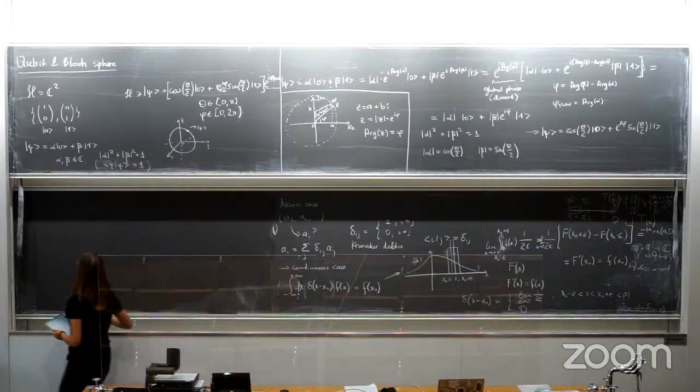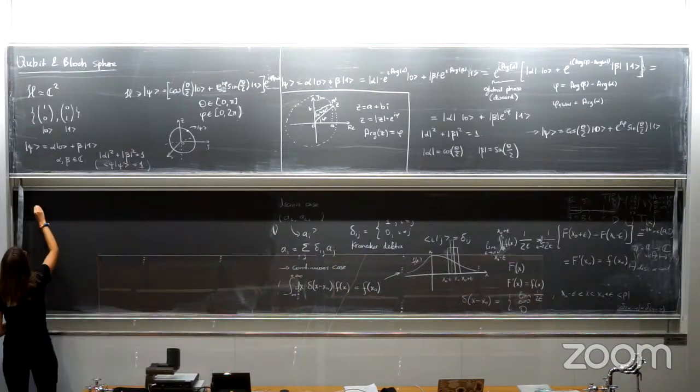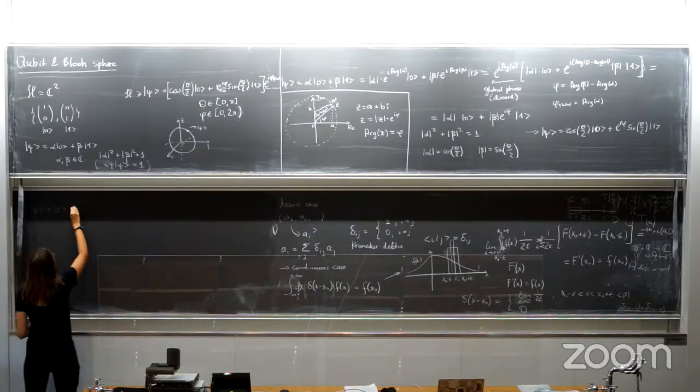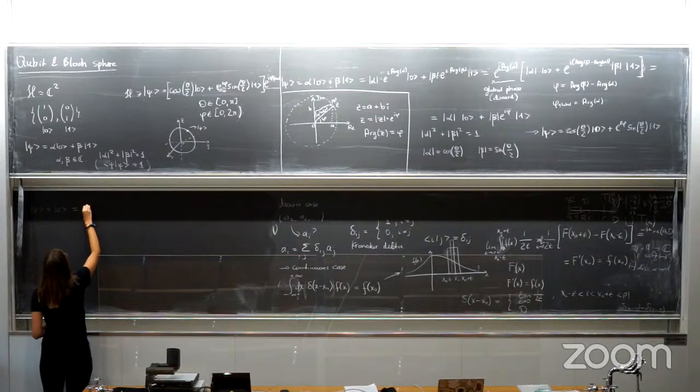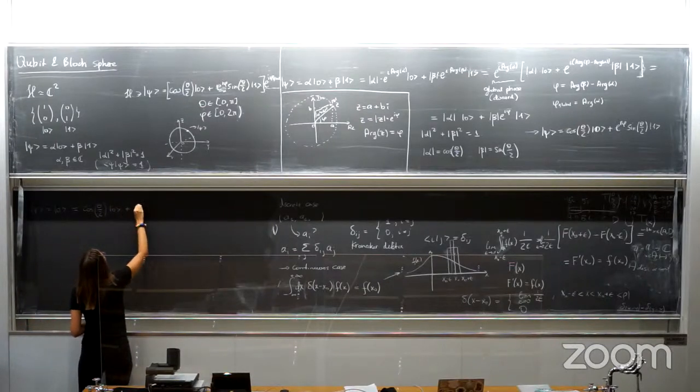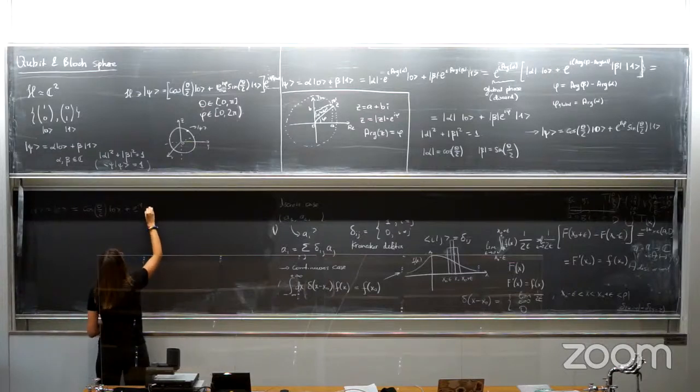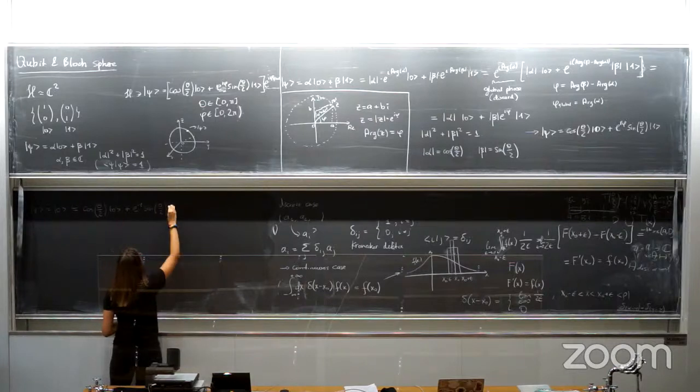Okay, let's see. I need to represent it as cosine theta over 2, 0 plus e to the power i phi sine theta over 2, 1.